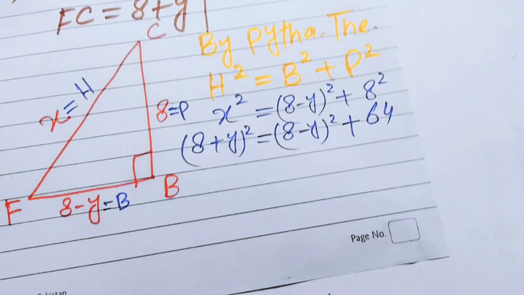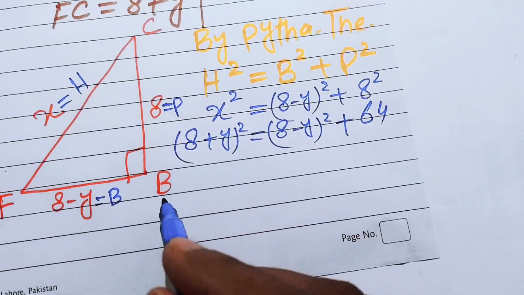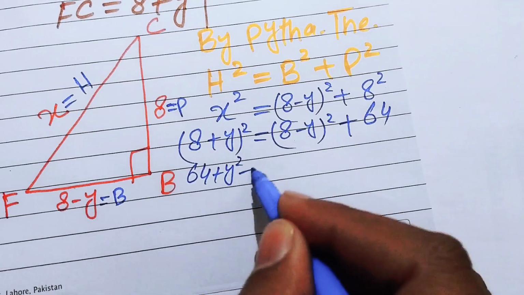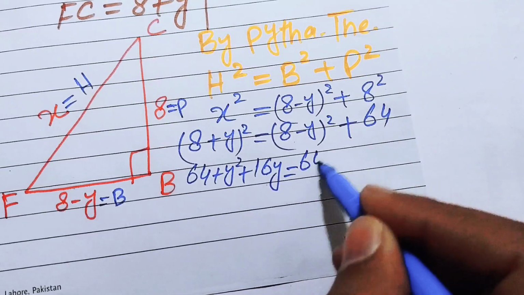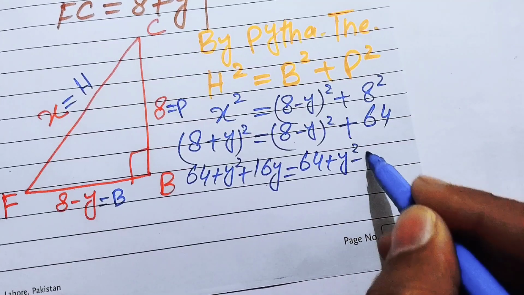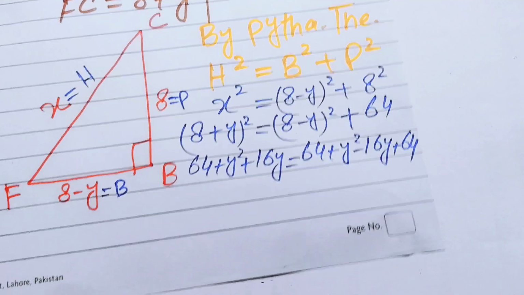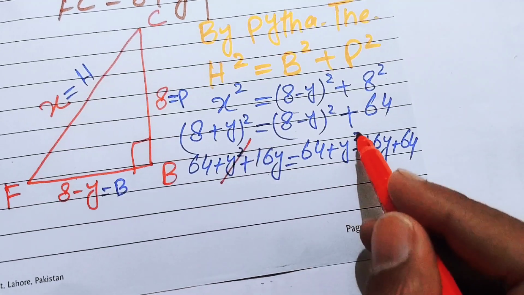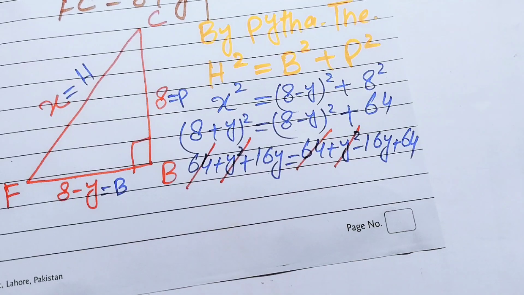which is 64. Now we open the square of these terms, and we use the square identity, and you get a square plus b square plus 2ab equals a square plus b square minus 2ab plus 64. Here you see that this plus y square and this plus y square cancel each other, and 64 cancels with this 64.